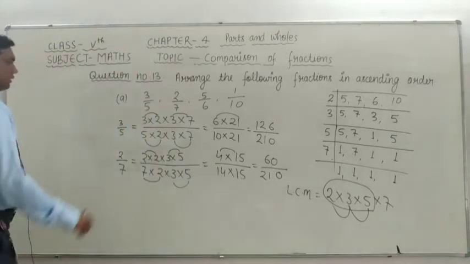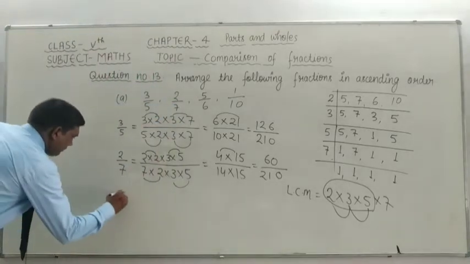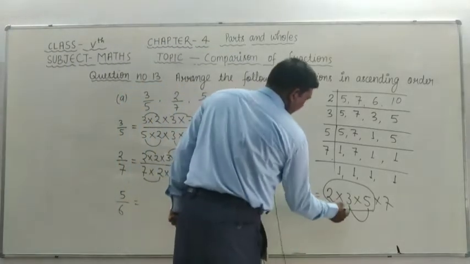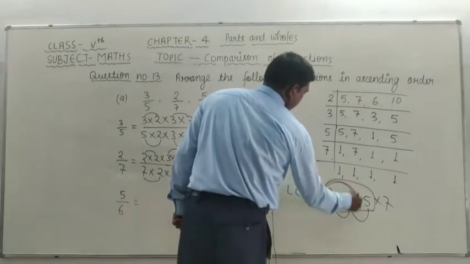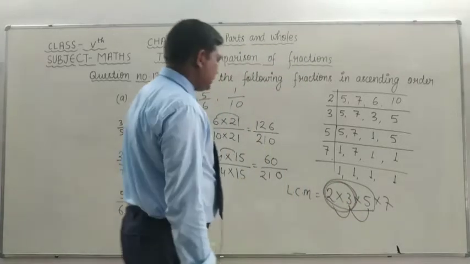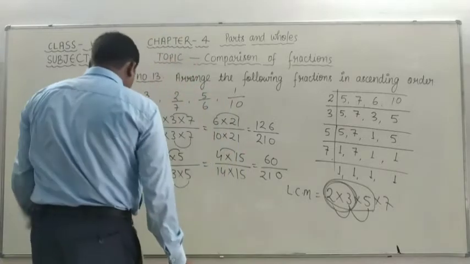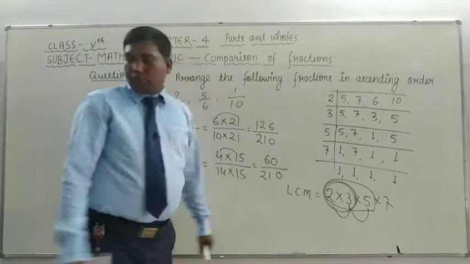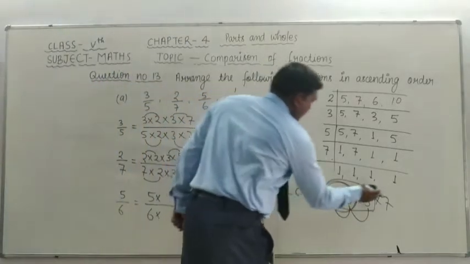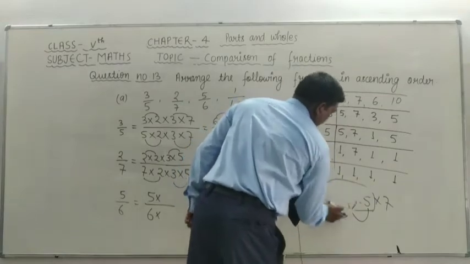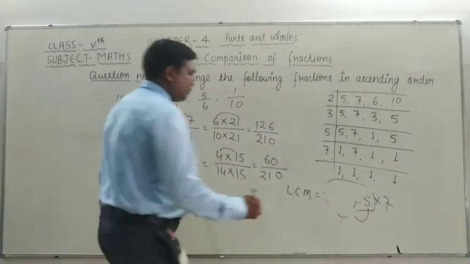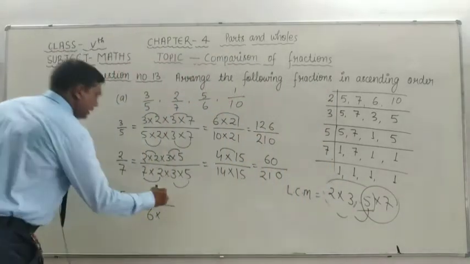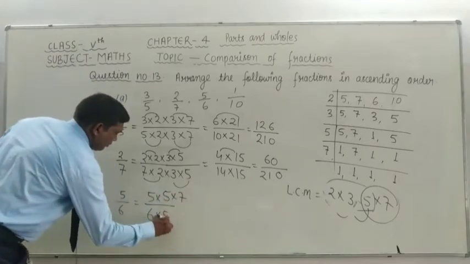Okay, and in this here given that 5 over 6 is equal to. Look at here carefully. This is 2 3s are 6, therefore in this we have to take the multiplication of 5 into 7 in numerator and denominator both.